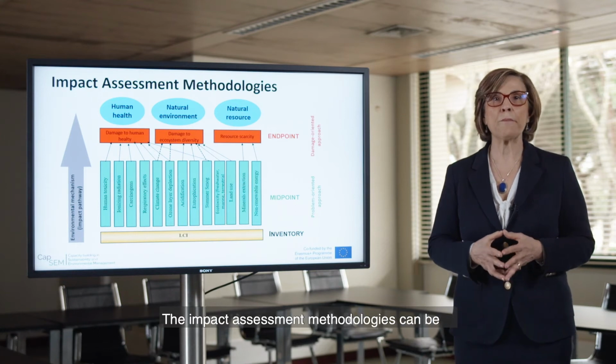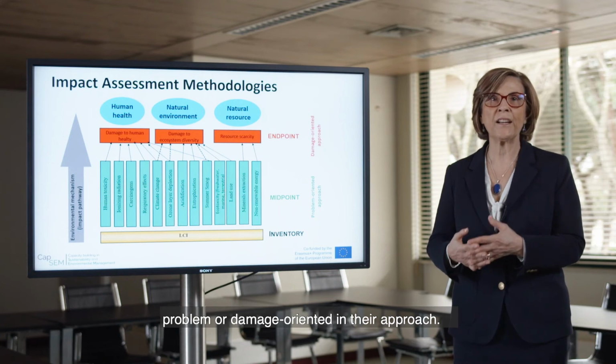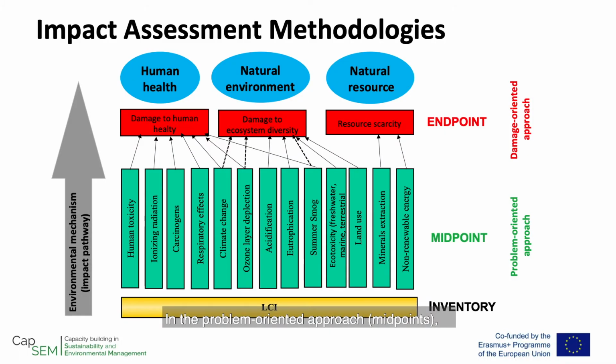The impact assessment methodologies can be problem or damage-oriented in their approach. In the problem-oriented approach, the midpoints, flows are classified into environmental themes to which they contribute. These methods aim at simplifying the complexity of hundreds of flows into few environmental areas of interest.